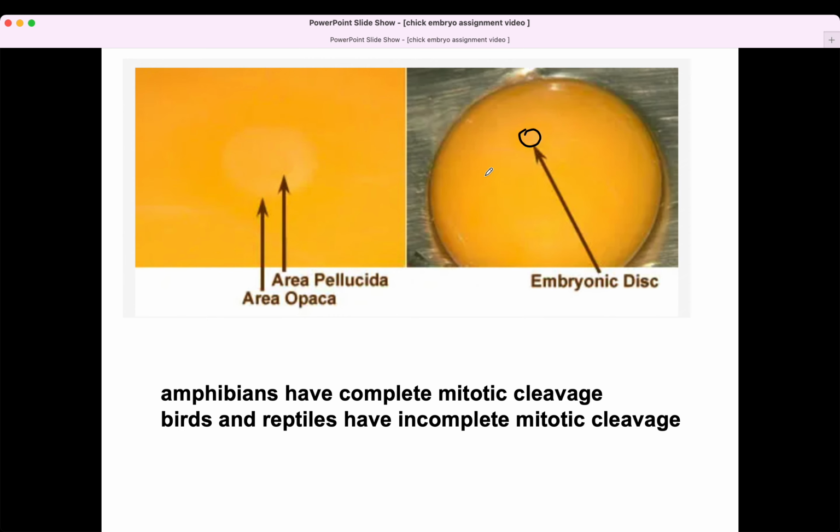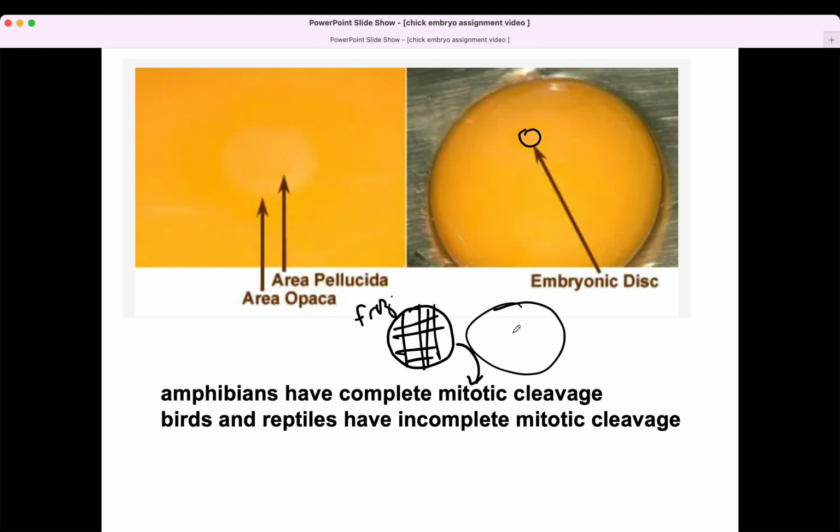And what's going on there is that in a frog, when we have this sphere of the early embryo start to develop, the frog rapidly divides it up into a series of cells through a process called mitotic cleavage.